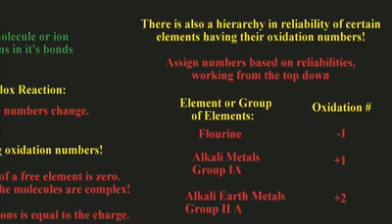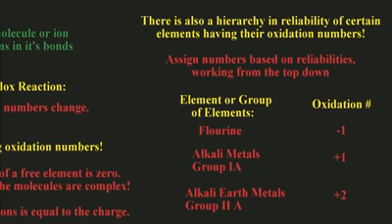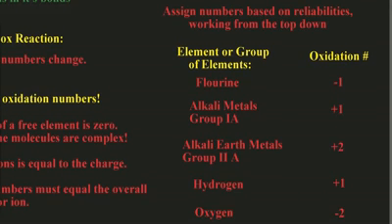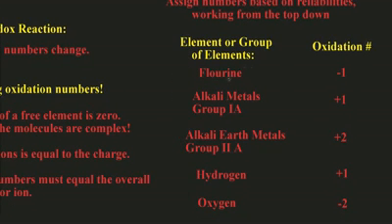There's also a hierarchy in the reliability of assigning these oxidation numbers, and when you're using this hierarchy, work your way from the top down on this list. So here are the elements and here's their oxidation number. Fluorine always comes first, assign it a -1.